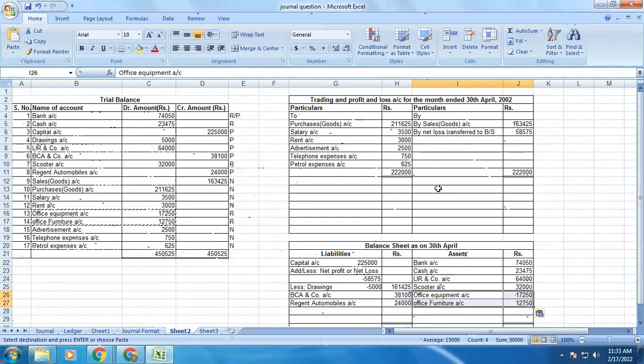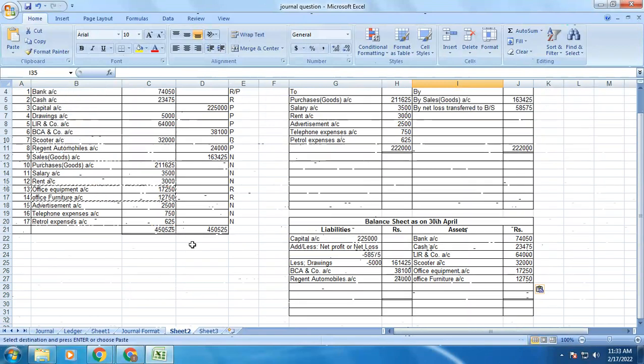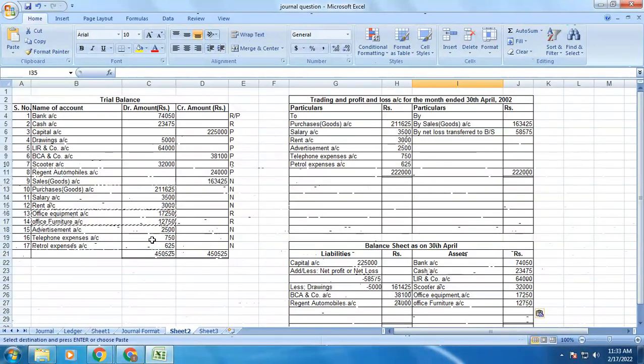Okay, and the three accounts that are left in the trial balance are all nominal. They have already been considered in the trading and profit and loss account. So this finishes with all accounts of the trial balance having been recorded either in the profit and loss account or in the balance sheet.